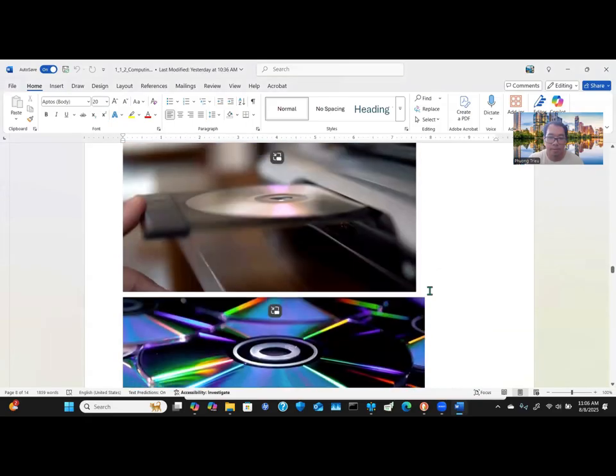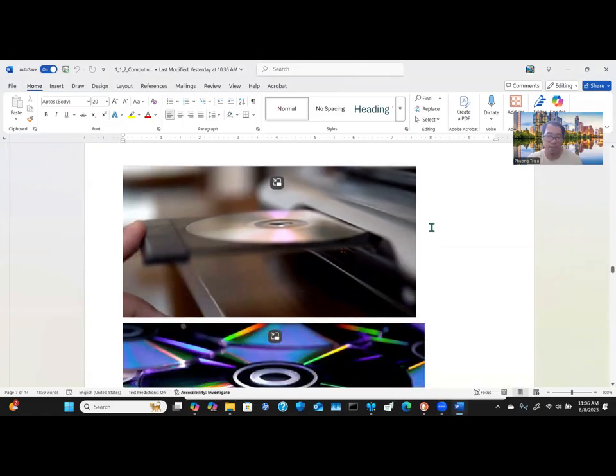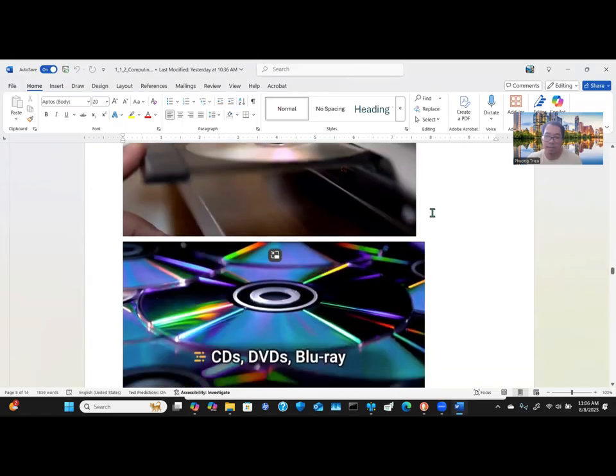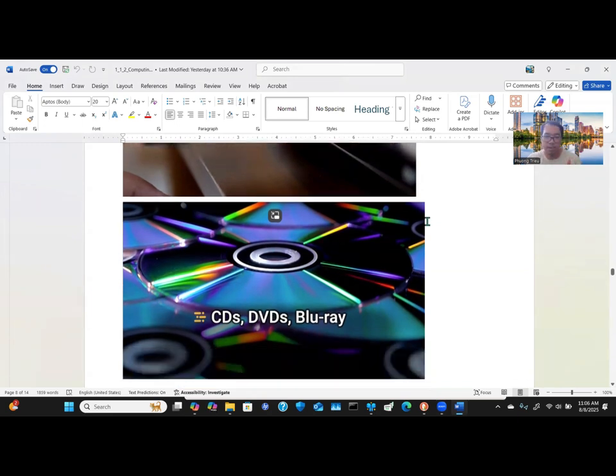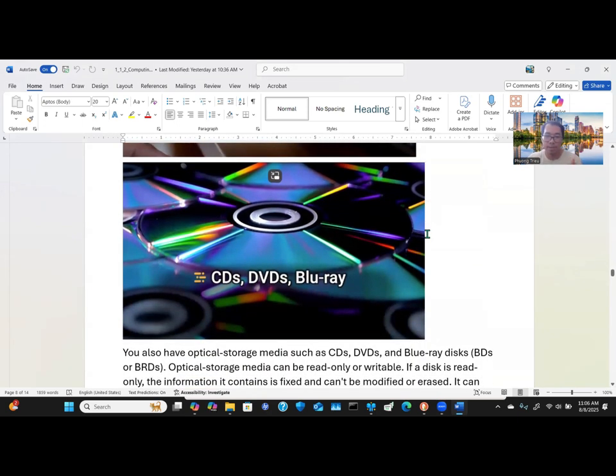Okay. So in the past, most desktops, computers, or laptops provided a place where you could insert CDs or DVDs or Blu-ray discs.